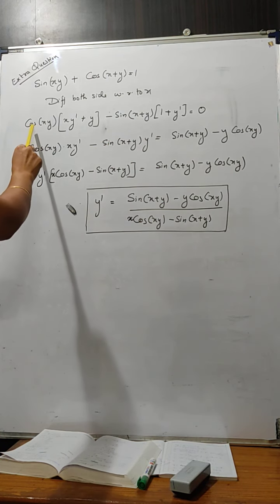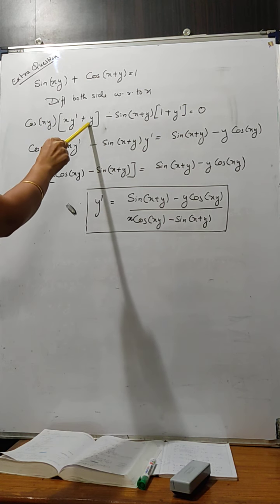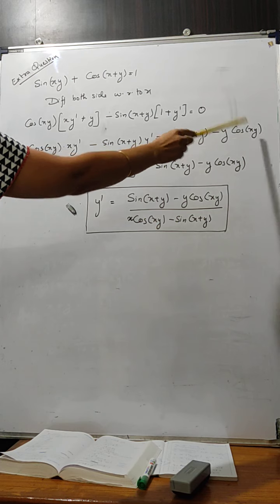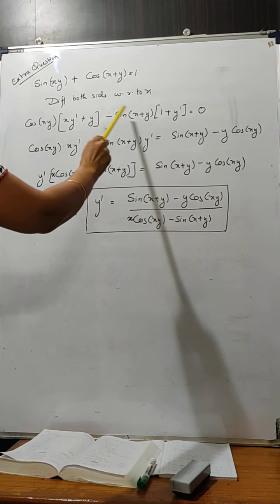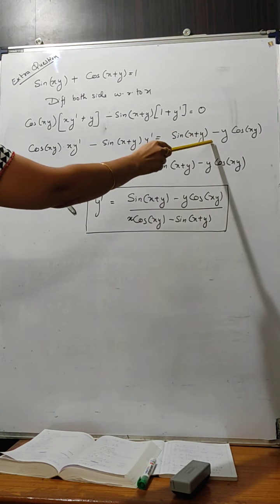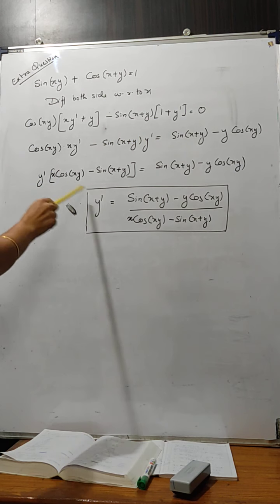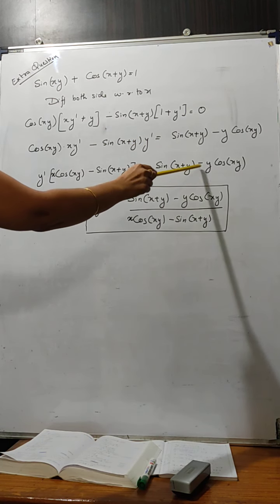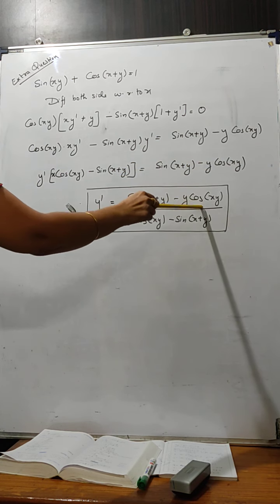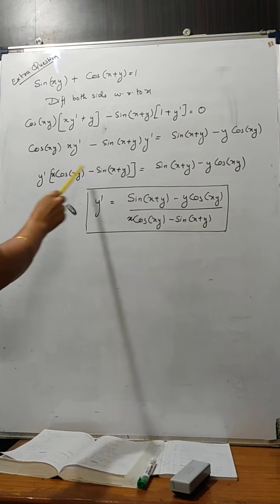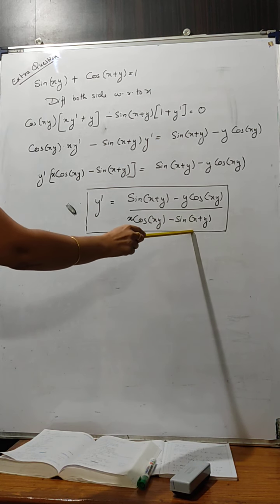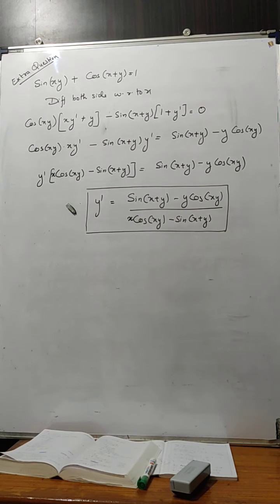So it will be cos xy into y minus y cos xy, and here it will be plus sin of x plus y. So y dash will be written as sin x plus y minus y cos xy whole divided by x cos xy minus sin x plus y.